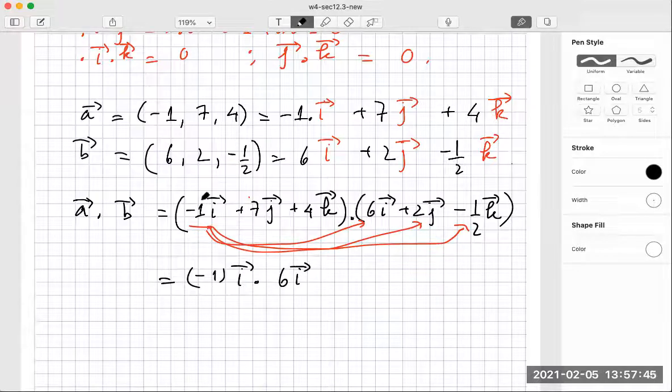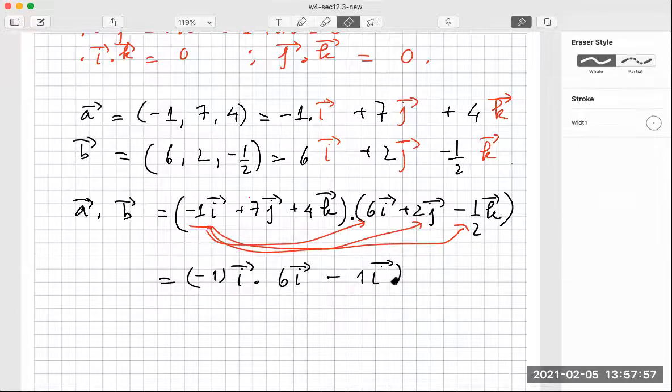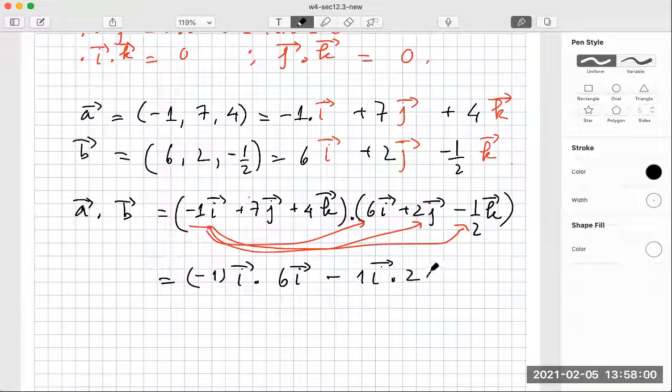First, this will multiply with 6i here, right? And the second term will be negative 1i times 2j.